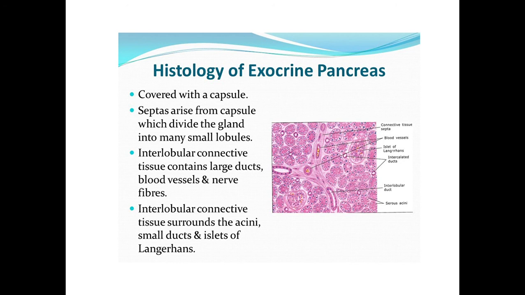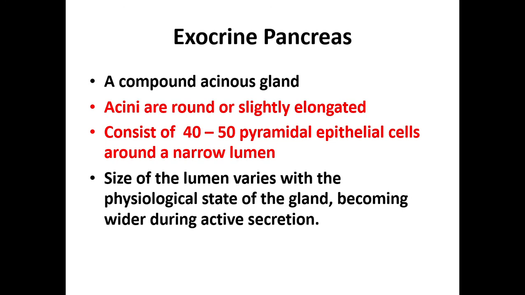The connective tissue also surrounds the acini, small ducts, and islets of Langerhans. The exocrine pancreas is a compound acinar gland.